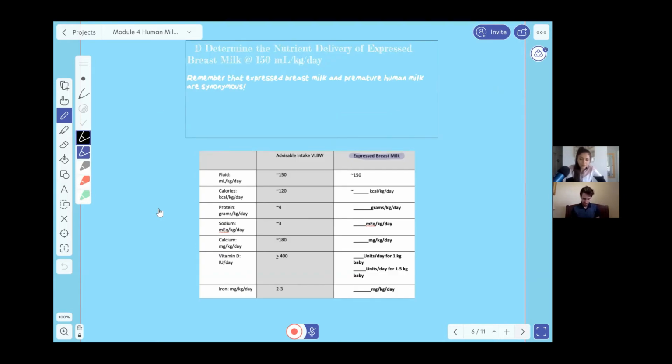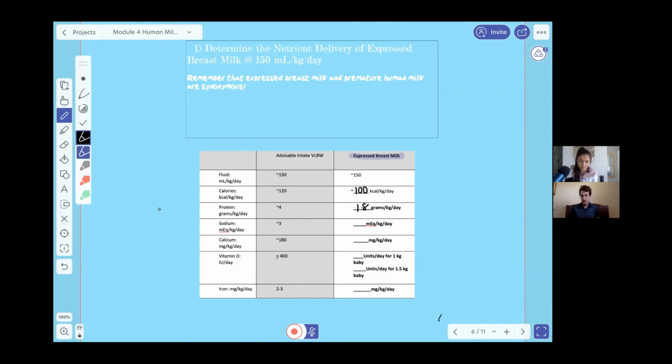Yeah, for sure. So our calories, what does our breast milk give us? So the 150 milliliters per kilogram per day of the breast milk will provide us with 100 calories per kilogram per day. Okay. And protein? 1.8 grams of protein per kilogram per day. And our sodium? Our sodium is in milliequivalents.